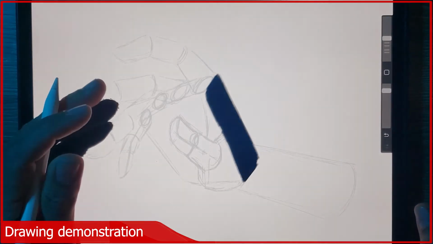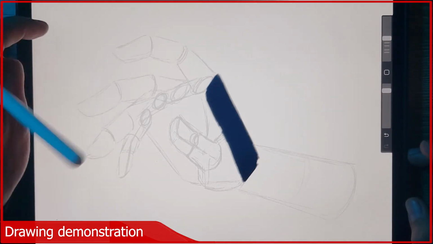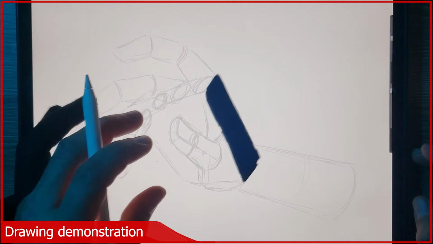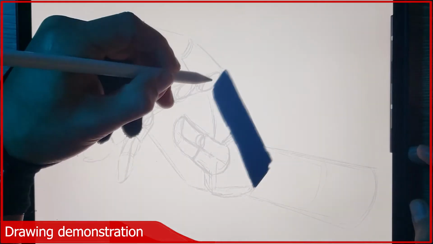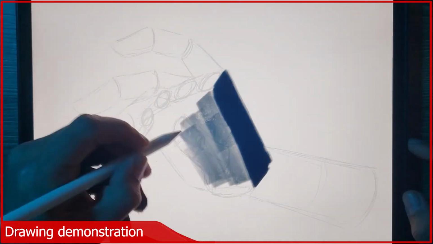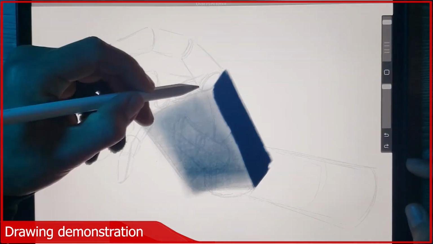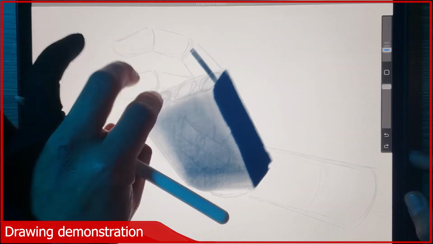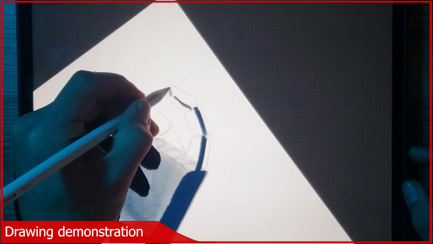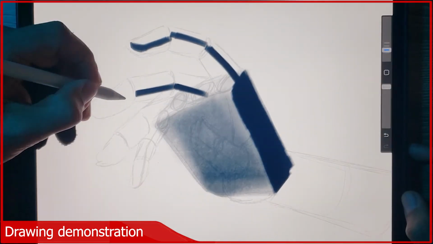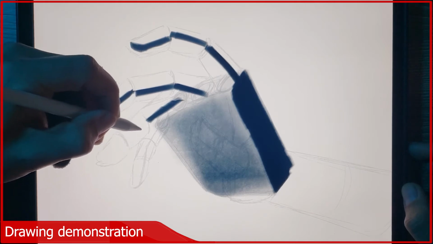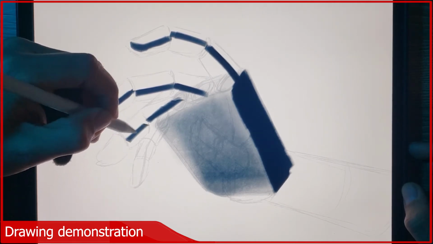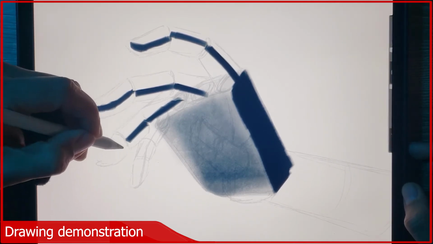Again, as in the other examples, the light is coming from the top left, just to keep a consistent shading. Just think about every cylinder, about every part of the finger as one independent cylinder.